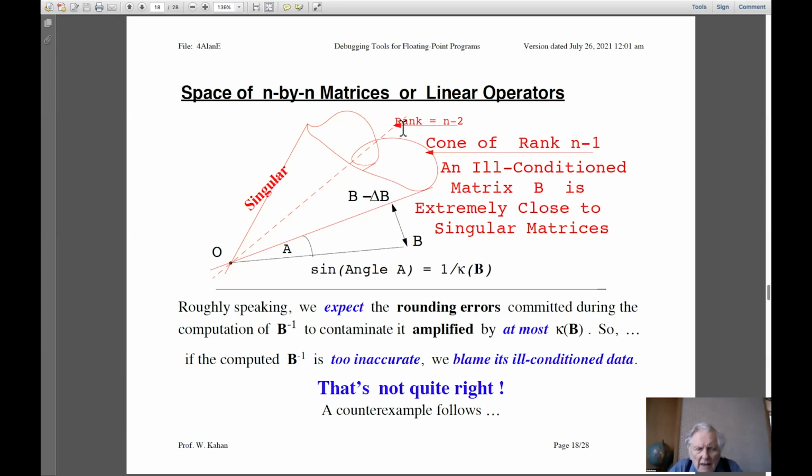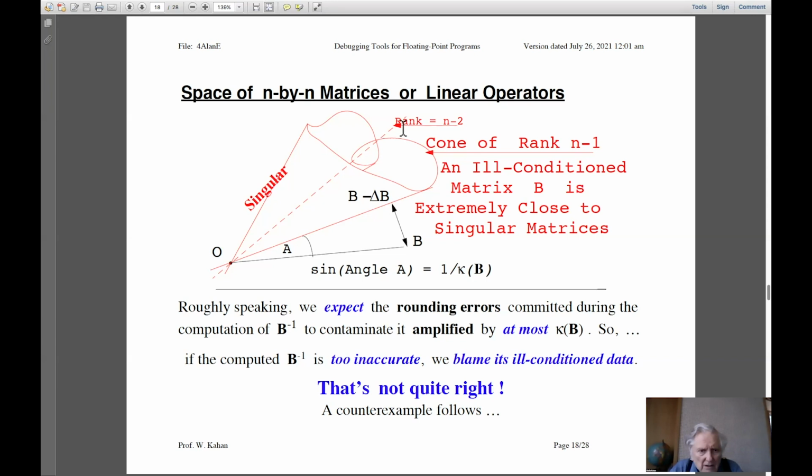In fact, the angle subtended at the origin in matrix space, the angle subtended by the line to a given matrix and a line to the nearest singular matrix, that angle has a sine that's 1 over the condition number. At least for the norm that we're using right now. The norm is the largest singular value norm.